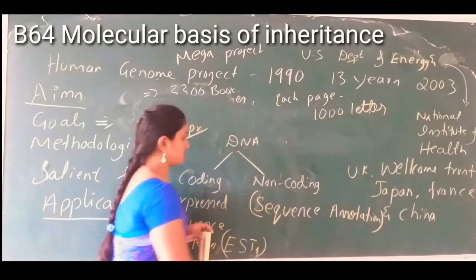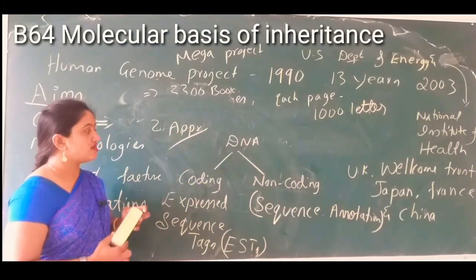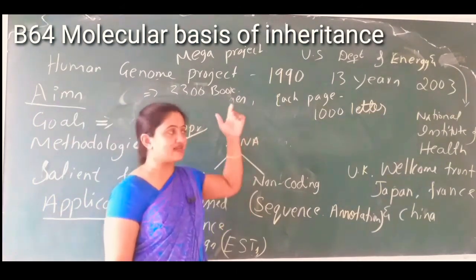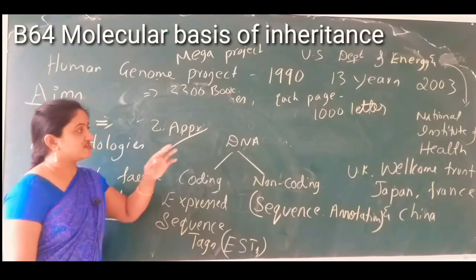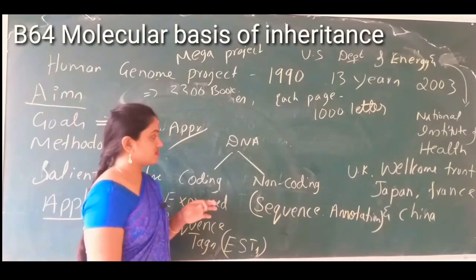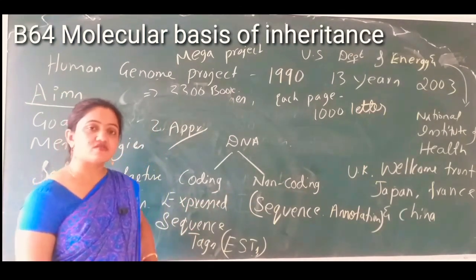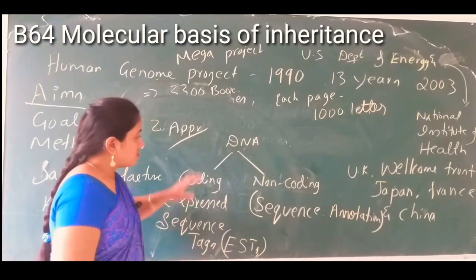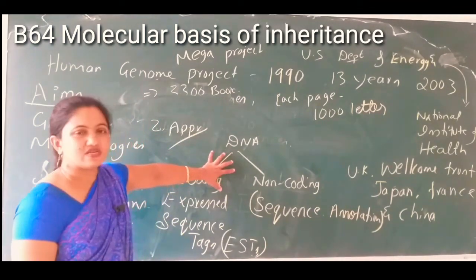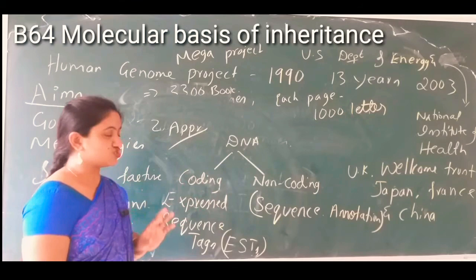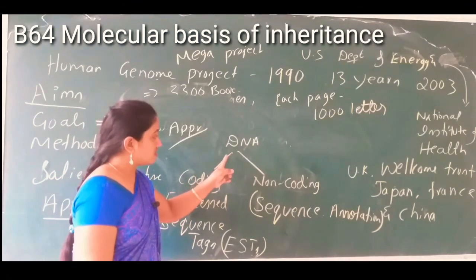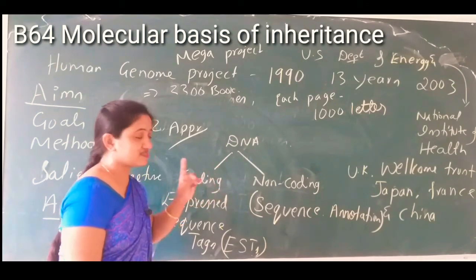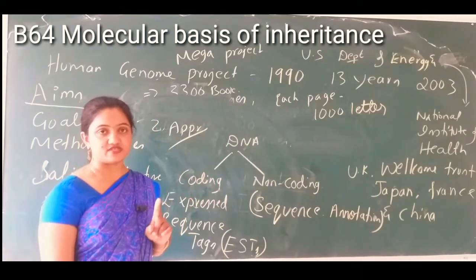Okay, sequence annotation. Now, one question arose in the Department of Energy and the National Institute of Health. They were thinking of counting only the coding strand genes, only identifying the coding strand base sequences.